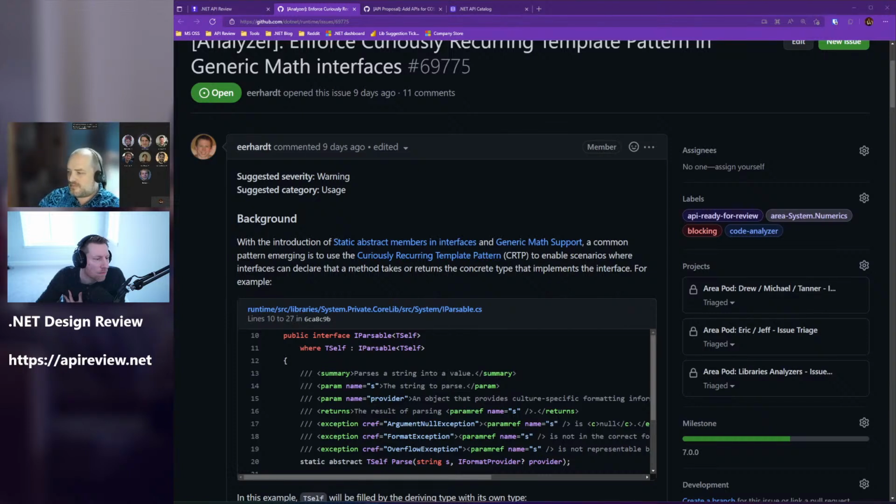So for example, you would not be able to define my struct implements IParsable of int, or more concretely, my struct implements INumber of int, and things like that. The primary reason for this is, one, users can get into some problematic patterns. If you actually declare a type like that, then because of the recursive constraint, you actually can't use it in the default pattern. And so you get no access to any of these static abstract members.